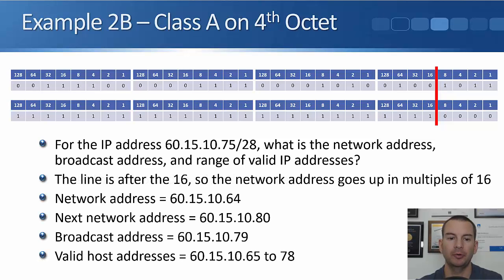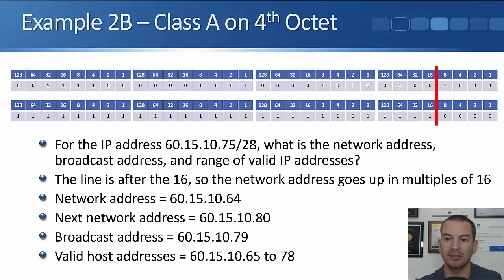Okay, for this example, the line is after the 16 when we draw it out, so the network address is going to go up in multiples of 16. I can see by looking at the last octet of the address that I've got a 1 under the 64, and that's all. So the network address is going to be 60.15.10.64.